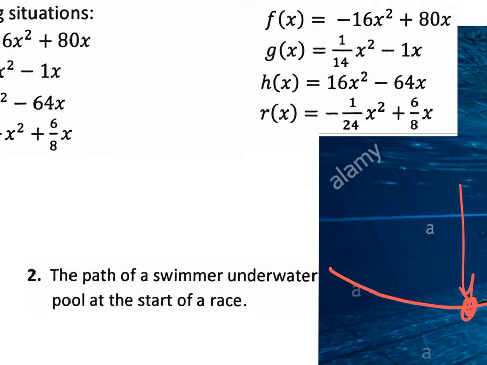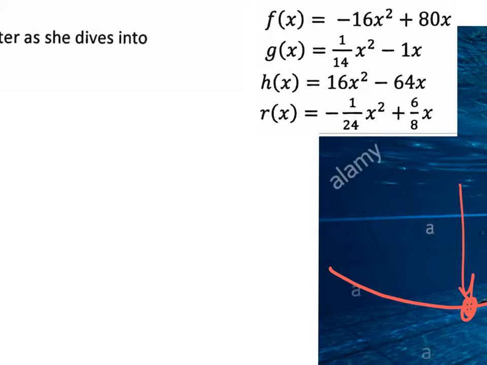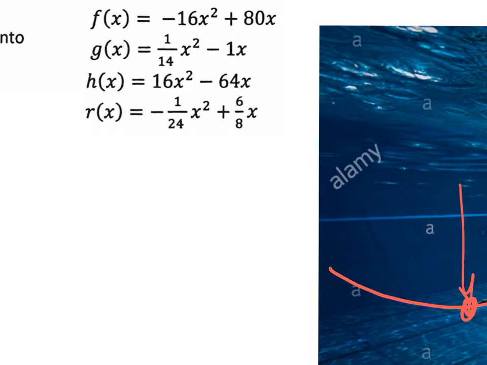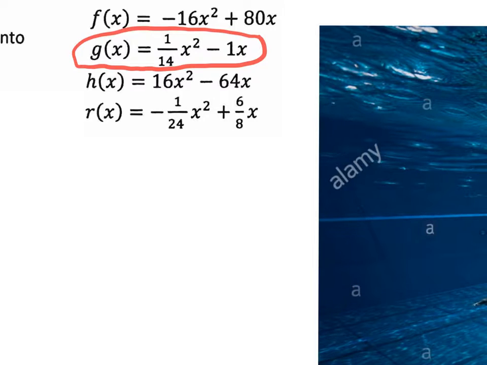Let me get this out of the way. I want to pause it. Let's see which awesome student could tell me how deep this person is in the water at her lowest point of her dive. Go for it. So we already know that the dive parabola that we're using to model it is g of x. It opens up, it's wide, it's 1/14 x squared minus 1x.